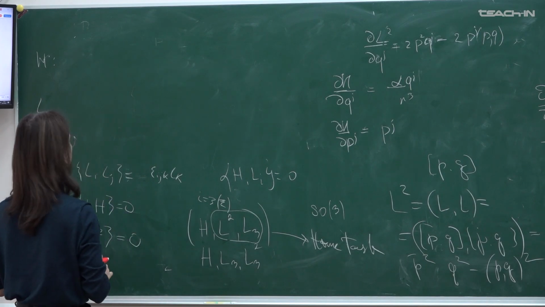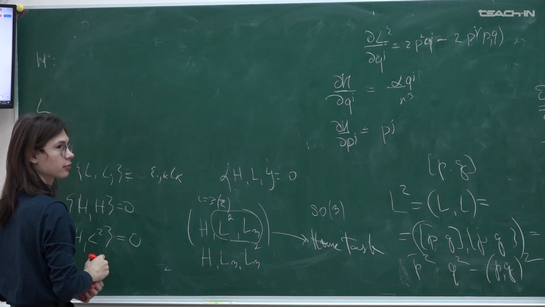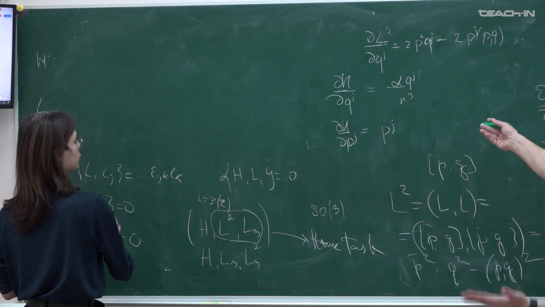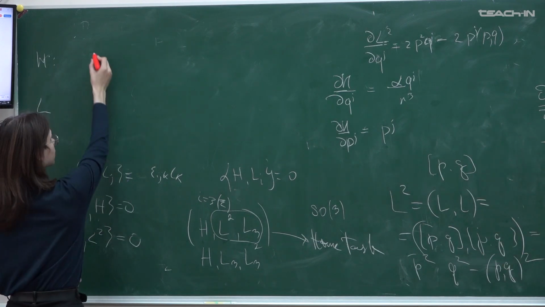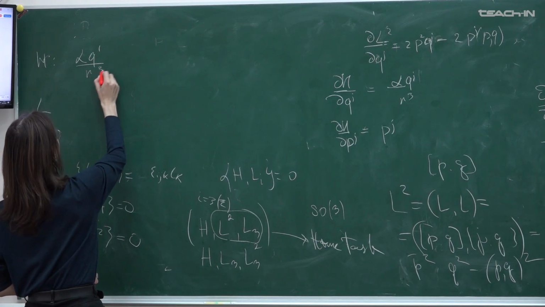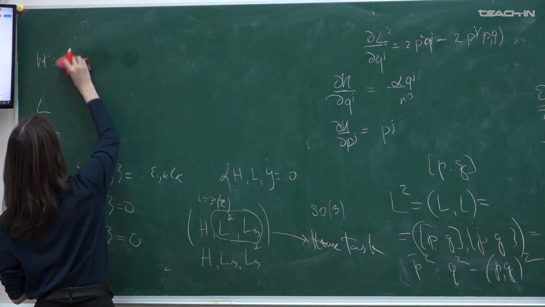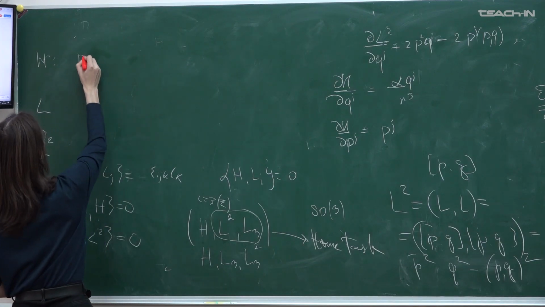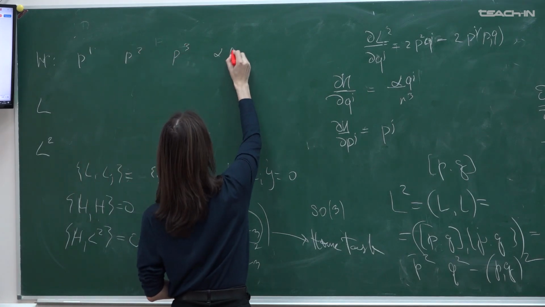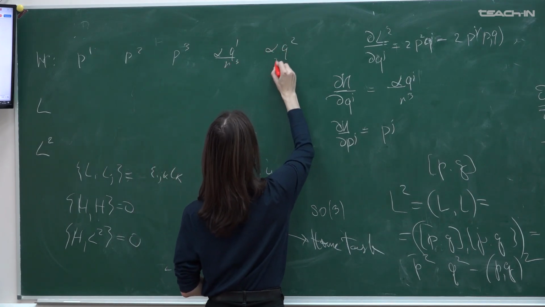Should I build it with all values or just with the symbols? You have to place everything correctly. You start with Q, because here we started with P. P1, P2, P3, very good. So Q1 over R3, perfect.